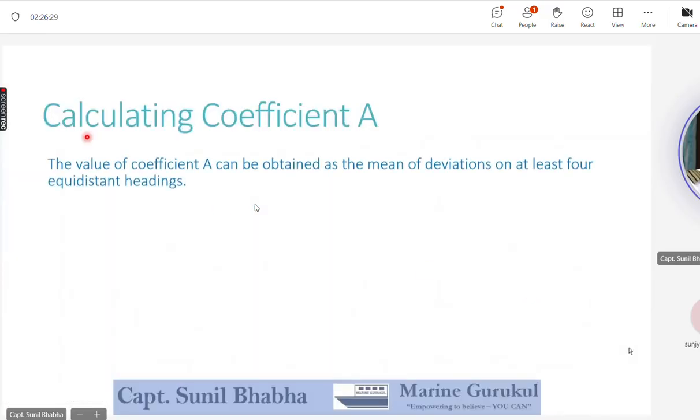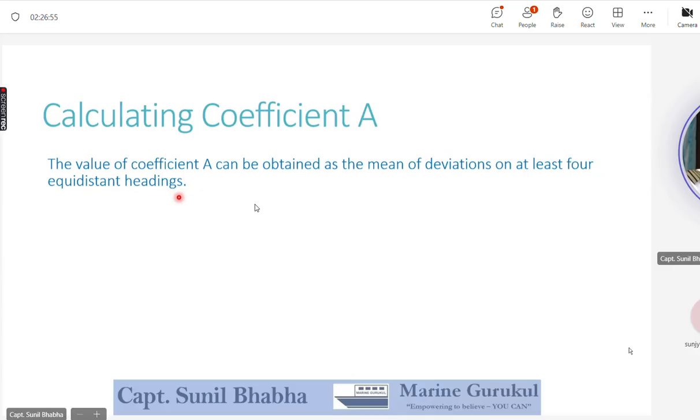Now, how do we calculate the coefficient A for the correction purpose? The value of coefficient A can be easily obtained as the mean of deviation on at least 4 equidistant headings. What does that mean? Let us take the ship on a northerly heading and note down the deviation.